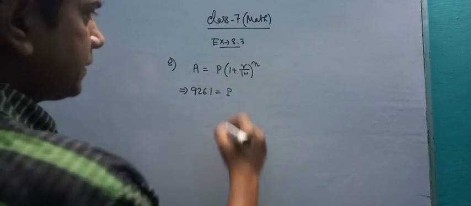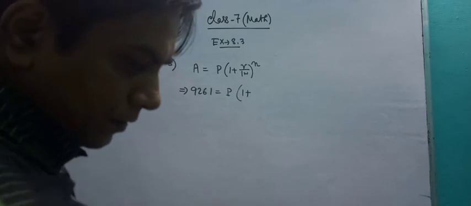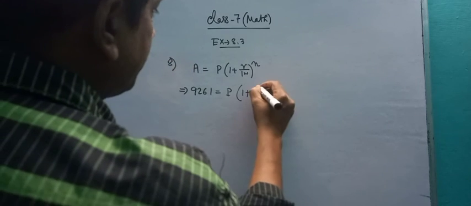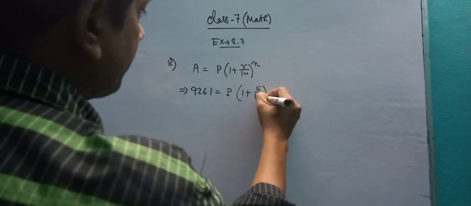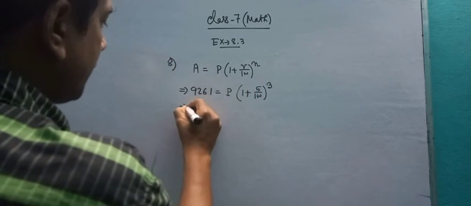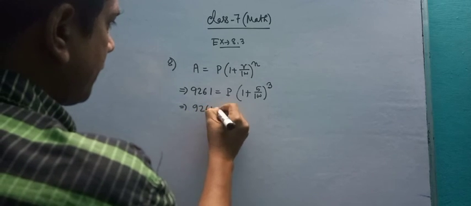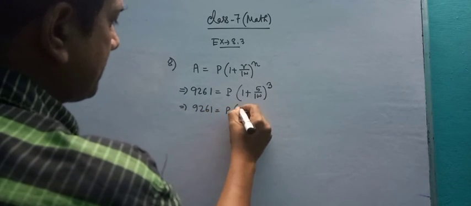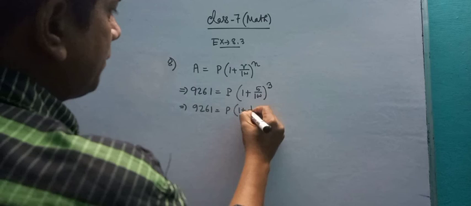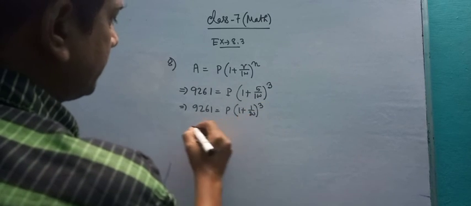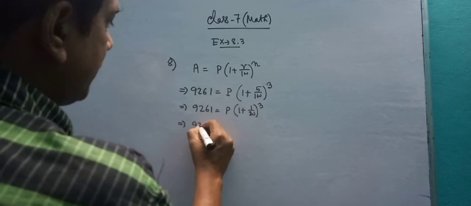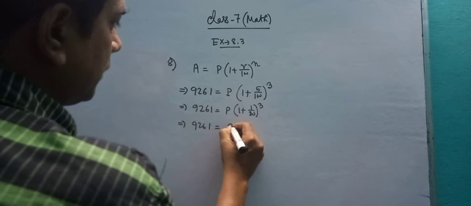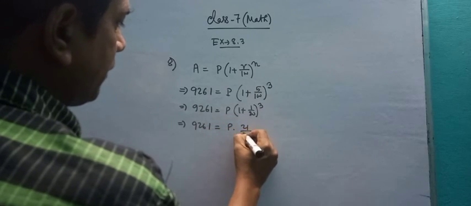In 3 years, 5% per annum, 1 plus 1 by 20 to the power 3. So 9261, this is 21 by 20, that cube.